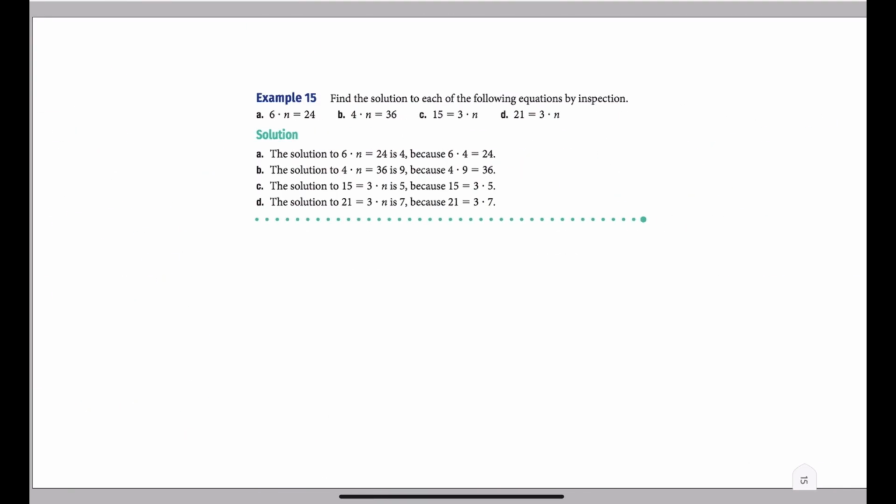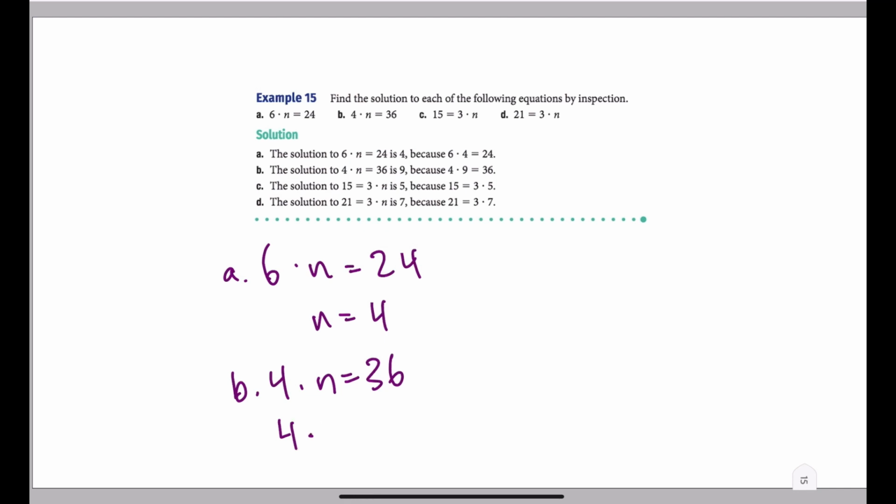All right, a couple of problems to inspect here. We're going to solve these. So let's look at A. 6 times a number equals 24. 6 times what? 6 times 4. 6 times 4 equals 24. How about B? 4 times a number equals 36.